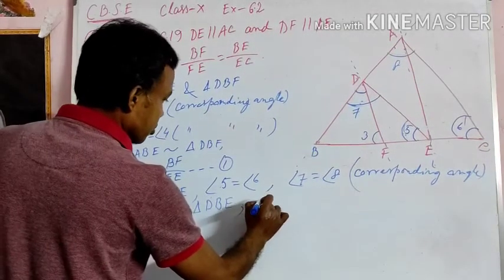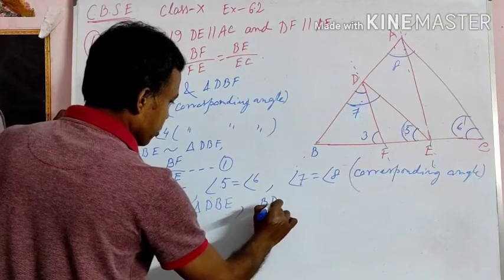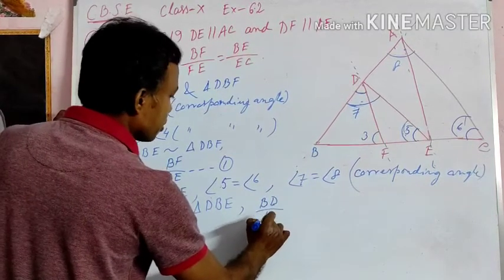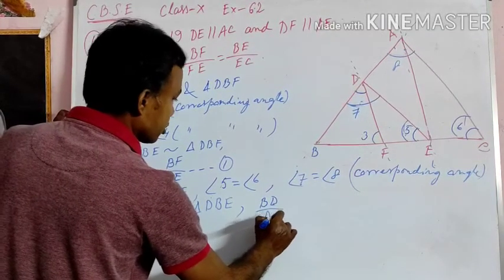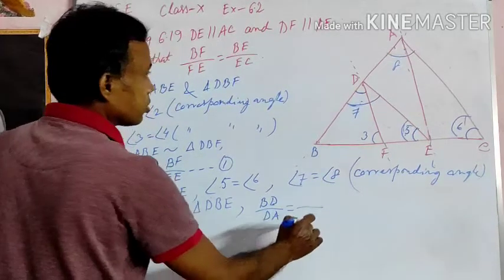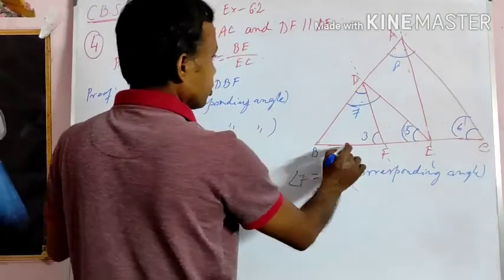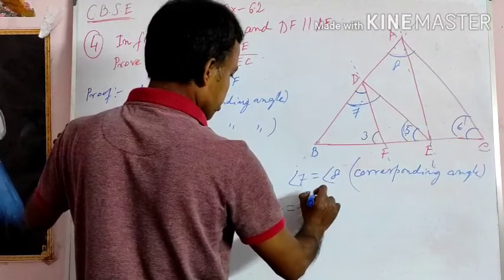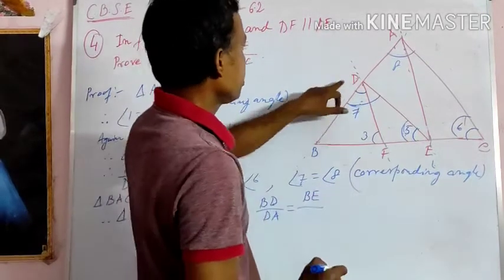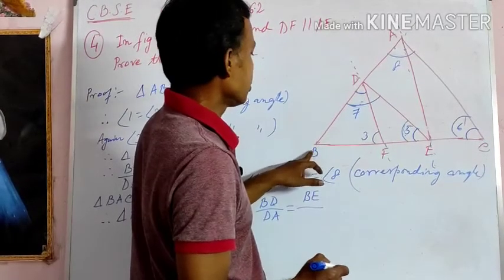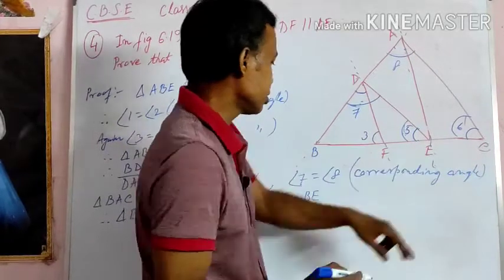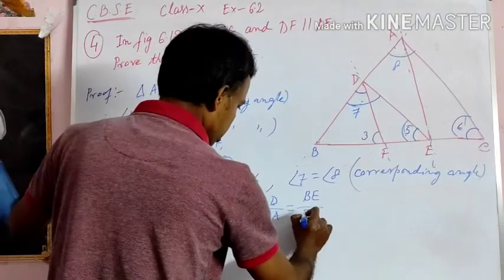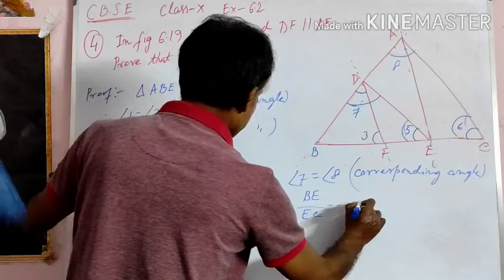That is BD by BA is equal to BE by EC. Suppose this is equation 2.